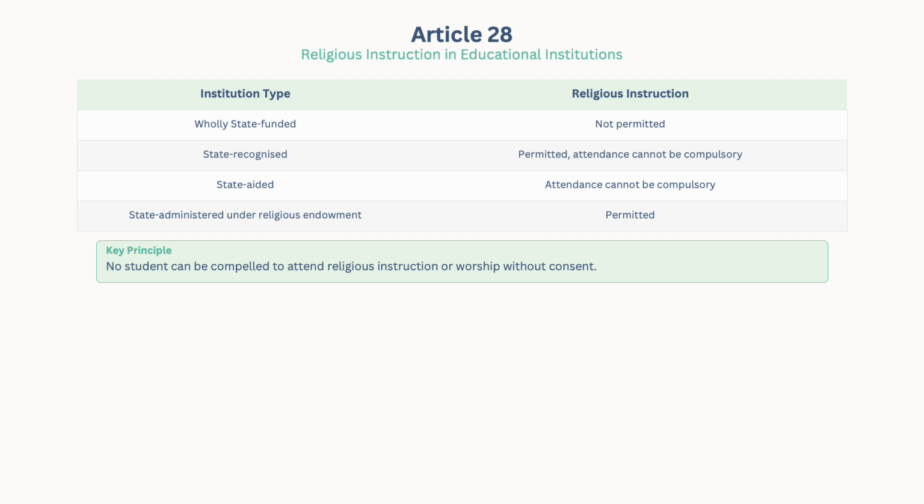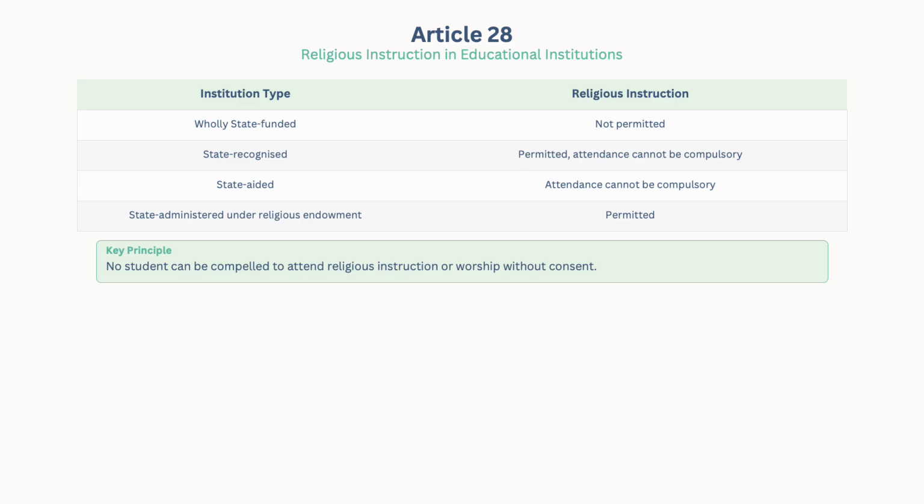If it's state recognized, like let's say Unity College and Imano College, it is permitted. If Unity College wants to have an evangelical union, they can, but attendance at that union is not compulsory. Now state aided, if it is partly funded by the state. An example would be Patkai Christian College.